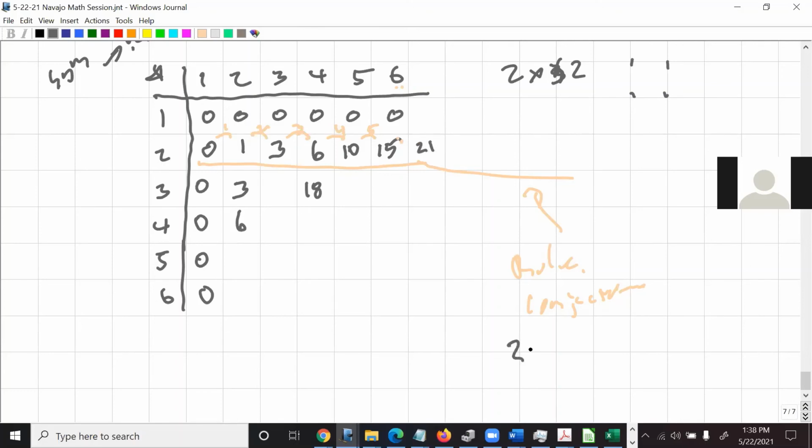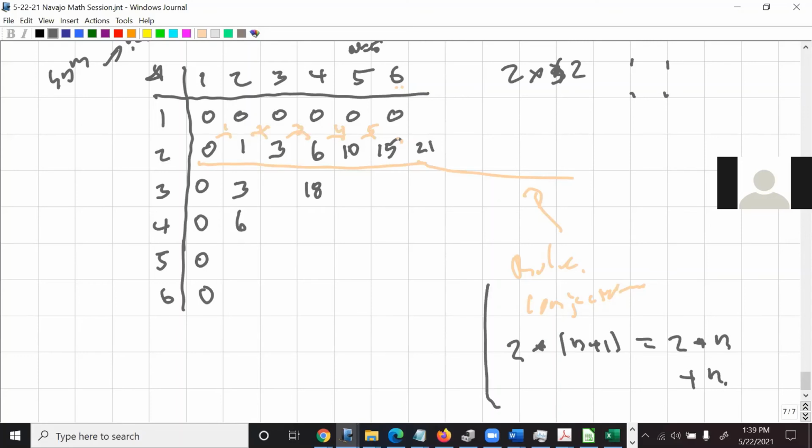Looks like it's 2 star n plus 1. So here, if I'm thinking n equals 5, and I want to get from the answer with 5 to the answer with 6, it seems like I add on the number n.